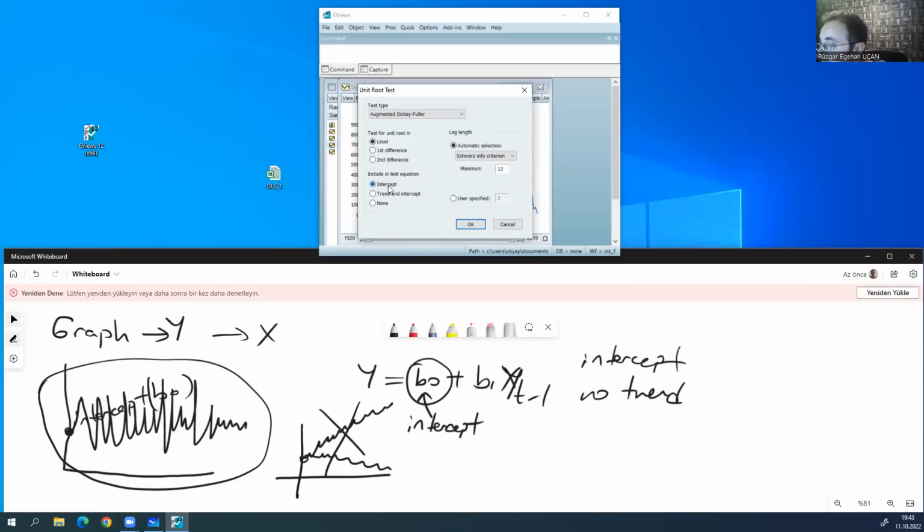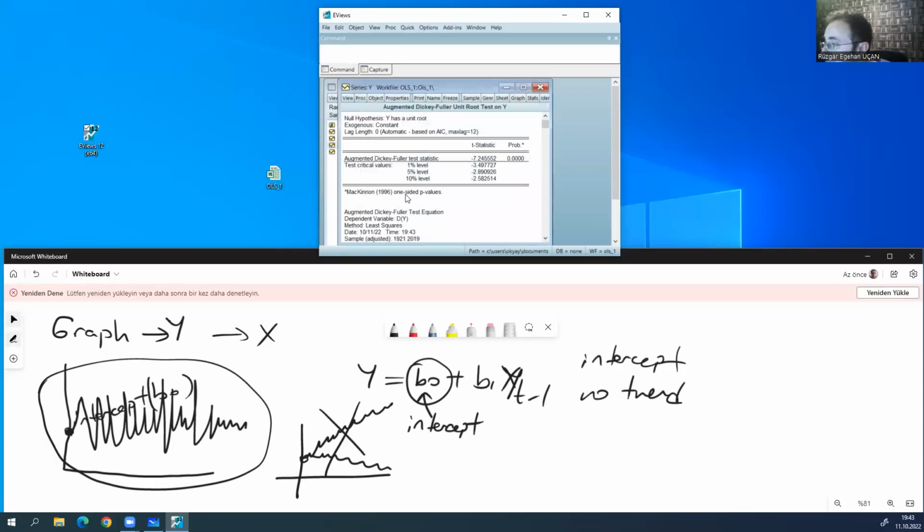But here we have intercept and no trend. So we choose this one. And for the lag length, it is automatic selection, but Schwarz information criterion and Akaike information criterion are the most valuable information criteria. You may choose each of them, then say OK.